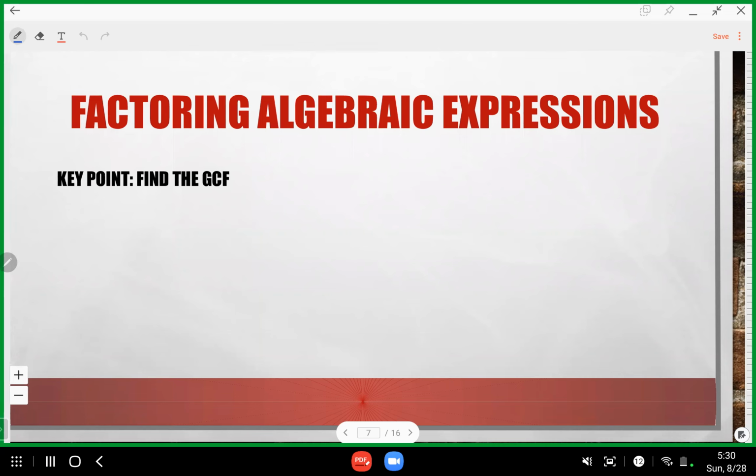So let's look at something like ax plus ay. We need to find the greatest common factor, so let's look at each of these terms.